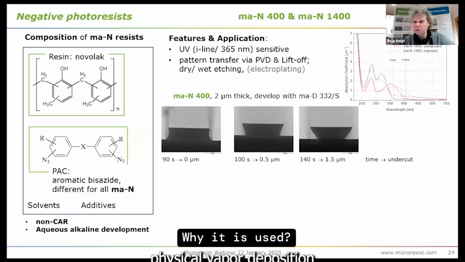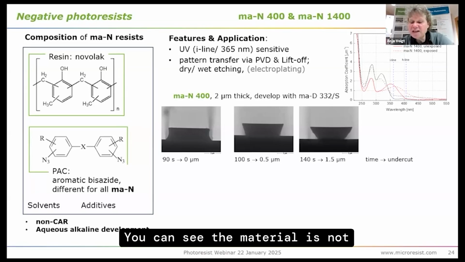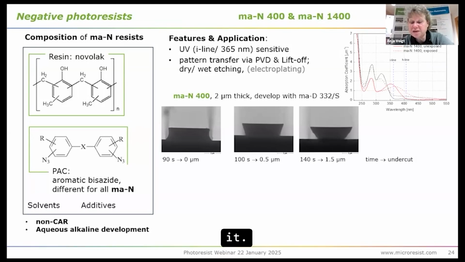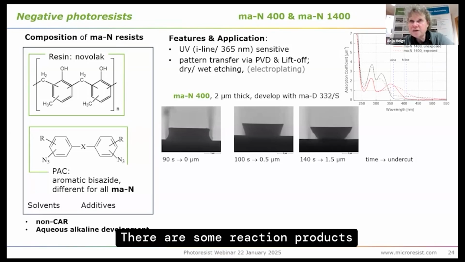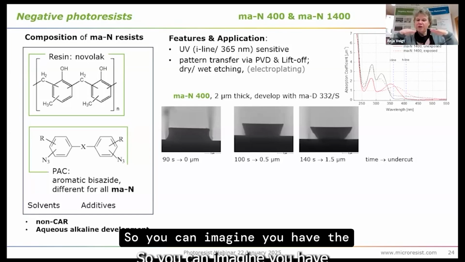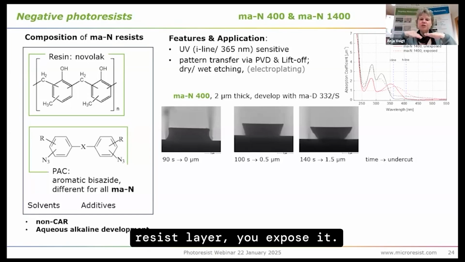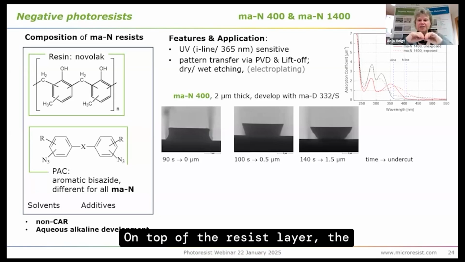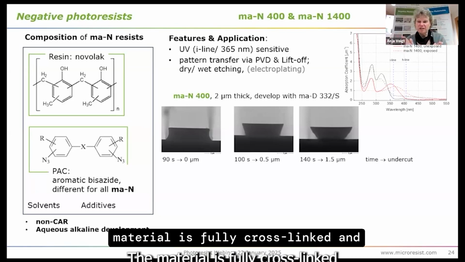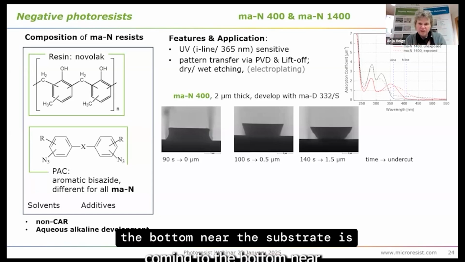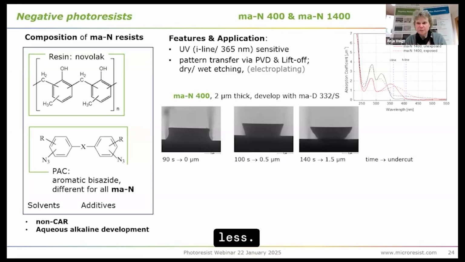Why is it used? You can see the material is not bleaching out when it is exposed. There are some reaction products generated which also absorb light. So you can imagine you have the resist layer and you expose it. On top of the resist layer, the material is fully cross-linked, and the cross-linking degree coming to the bottom near the substrate is less.